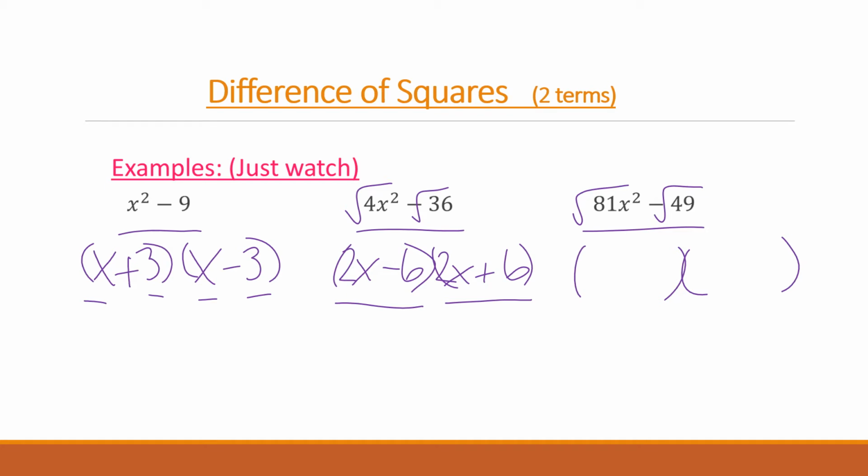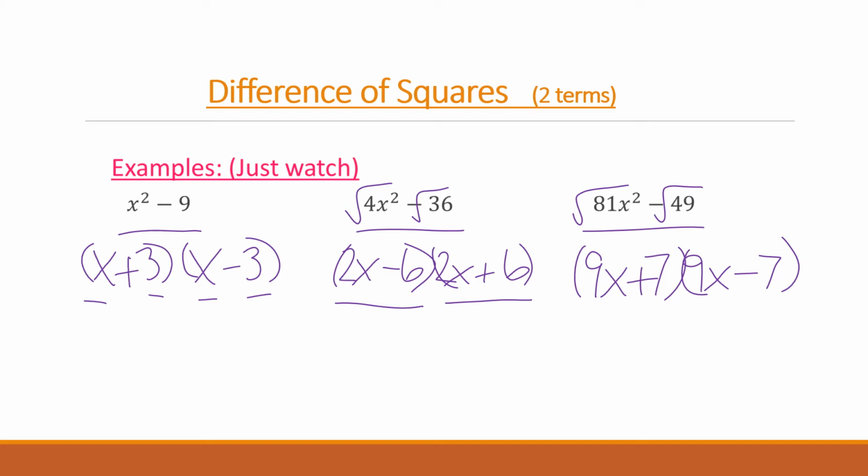The square root of 81 is 9, so I'm going to put that at the front of both of those. The square root of x squared is x, and then the square root of 49 is 7. So again, both sets of parentheses are exactly the same, but now one is positive and one is negative.